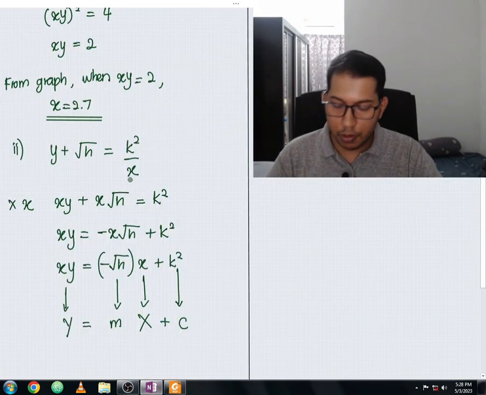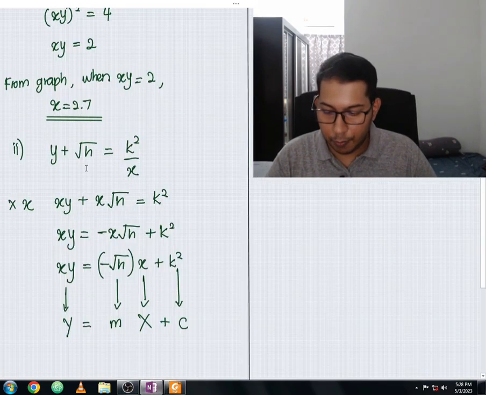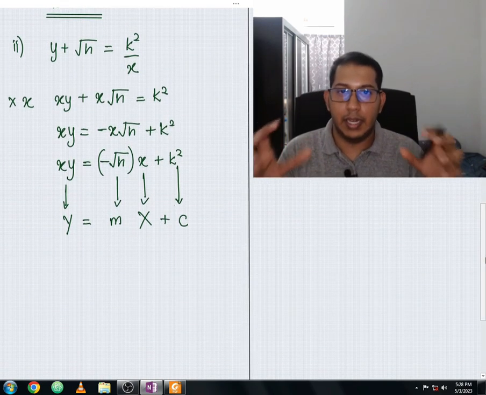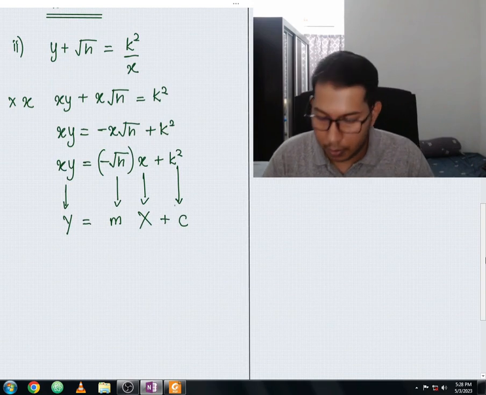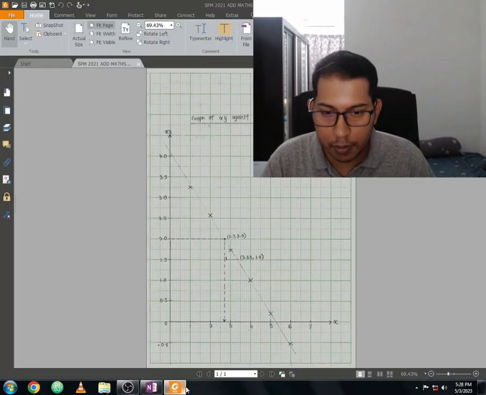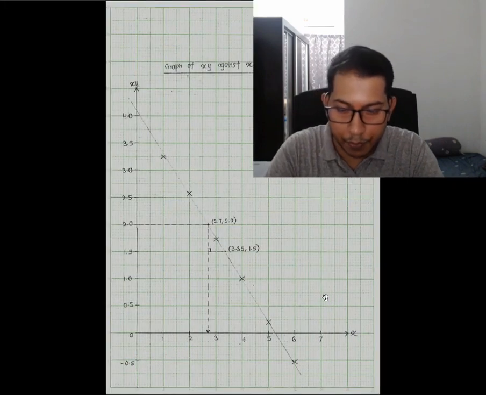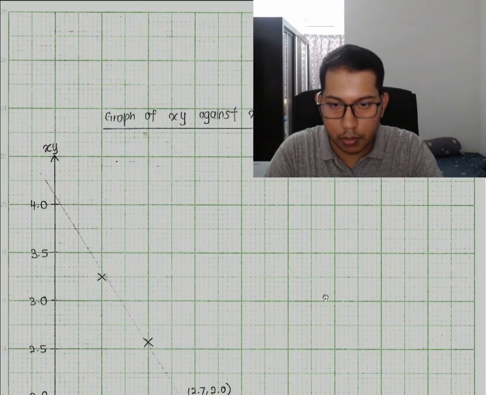The first step now is to find the value of h. How are we going to find h? We're going to calculate the gradient of the straight line. So how do we find the gradient? Let me set the full screen again. Okay, zoom in.